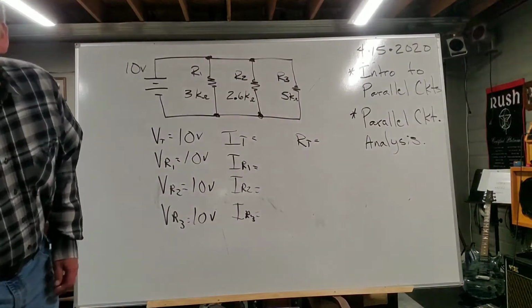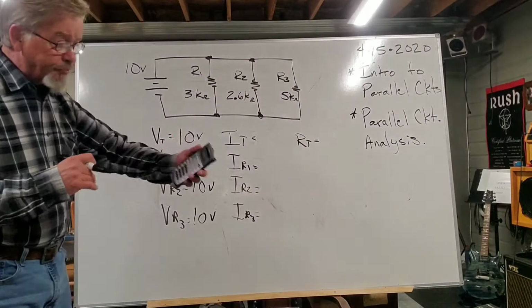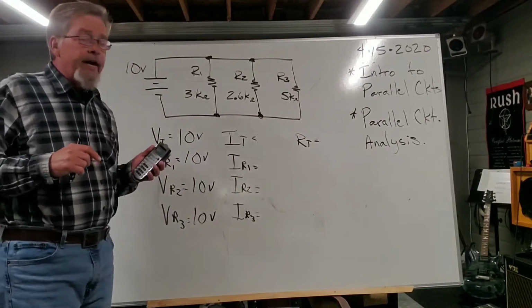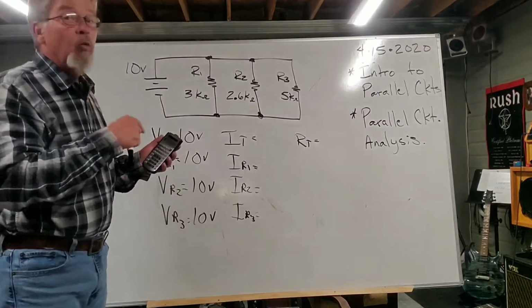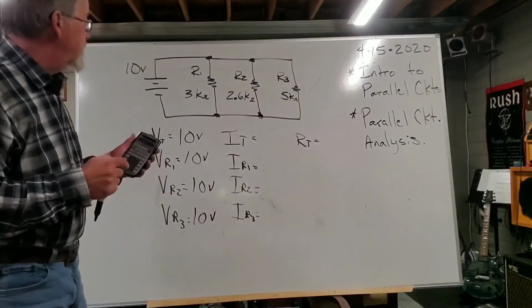So now we have to solve for total resistance. I got a 3K, a 2.6K, and a 5 kilo ohm resistor. So we're going to add them up the 1 over way.